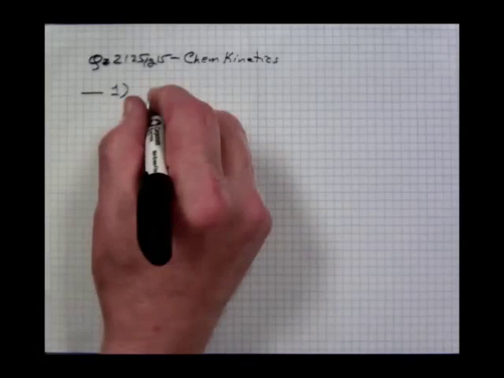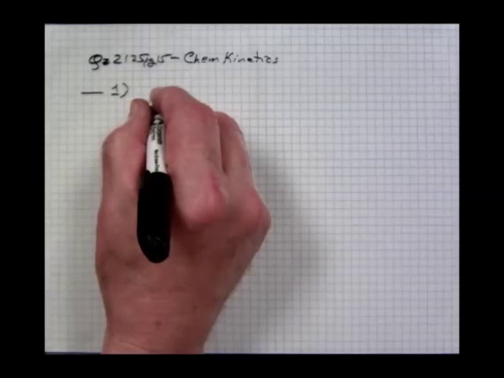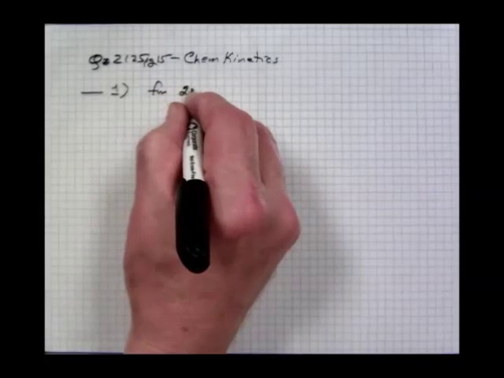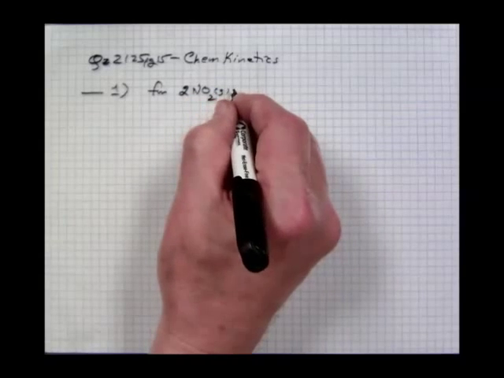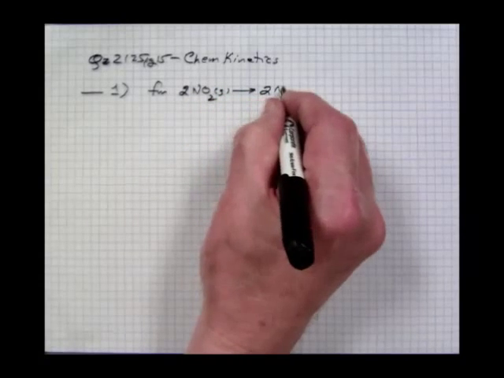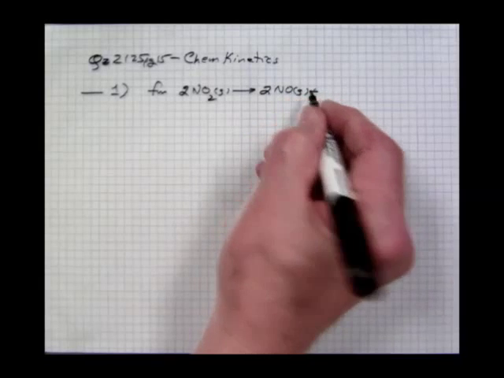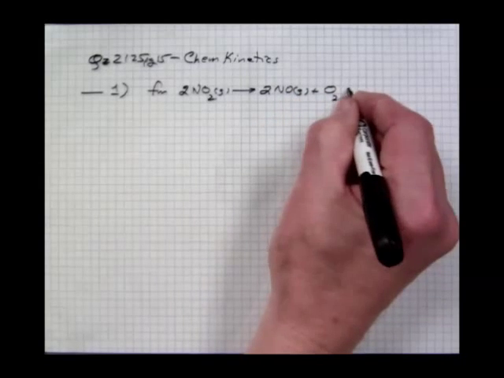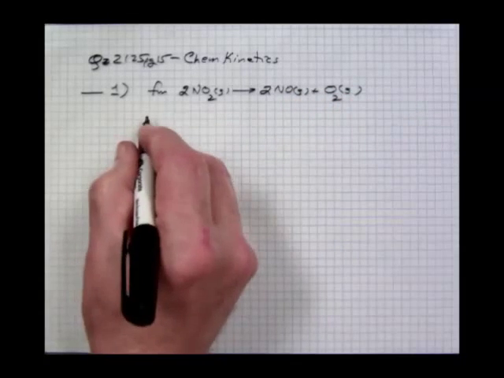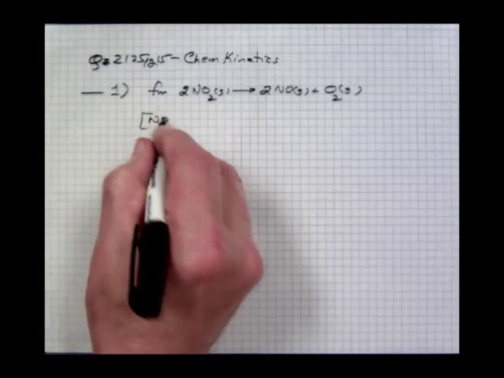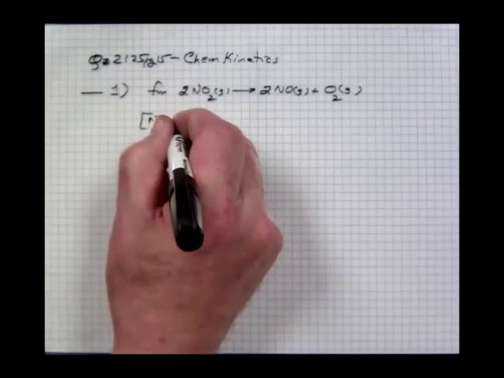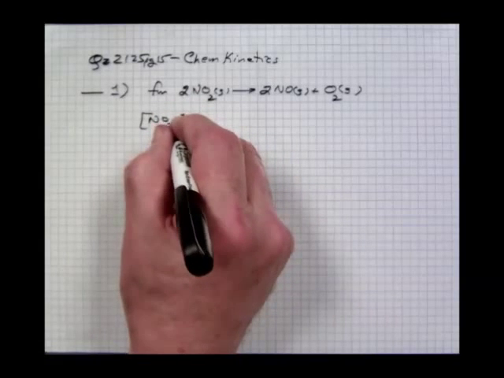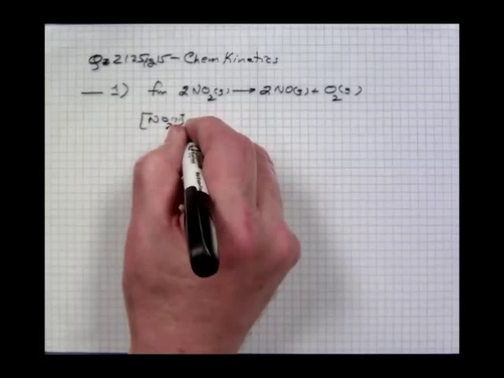So for 2NO2 as a gas, going to 2NO as a gas, plus O2 as a gas, concentration of nitrogen dioxide as a gas. I should put gas in there, but that's all right.